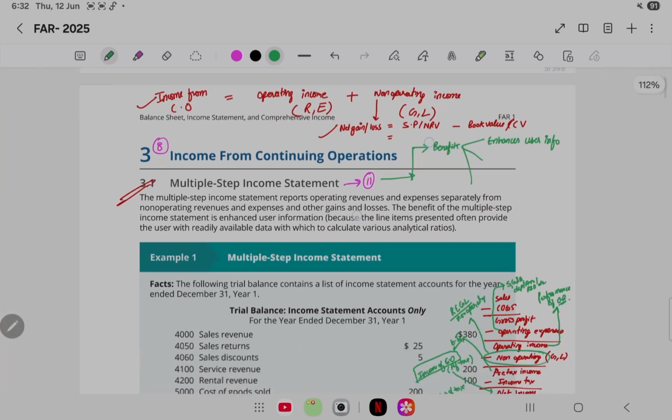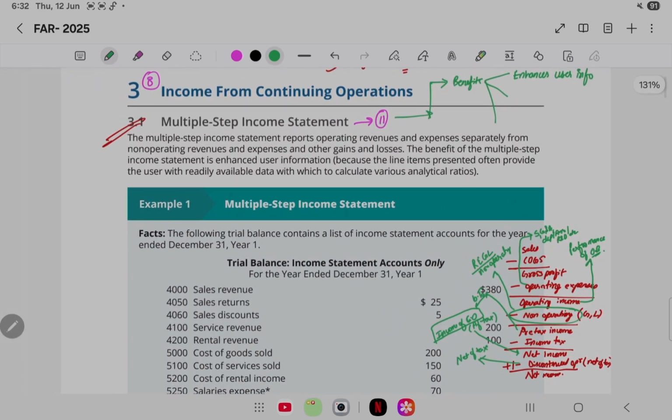If we check the statement, we get many things: what is the gross profit, what is the operating income, what we are getting from the core business, like the profit from the sales and purchases, what we have lost from the non-operating income, what tax we have paid, and the total amount. We are getting more information, so it enhances the user's information.